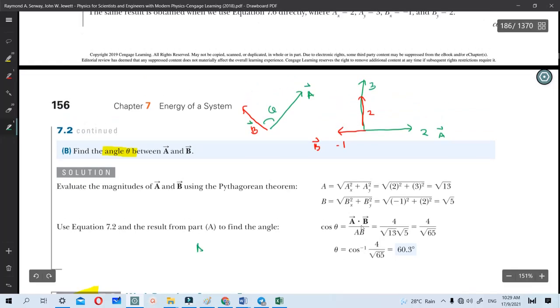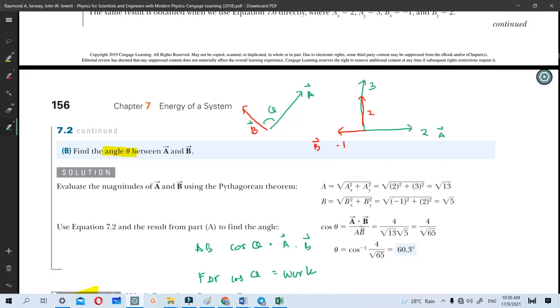If we write it in the form of the expression AB cos theta, it is the original vector A times B, the dot product, or we tend to write it as work, the force times delta R, and then the angle between them. We have F and R, where as individual vectors, for instance A is 3 and 2.